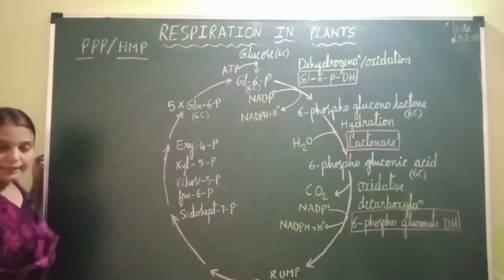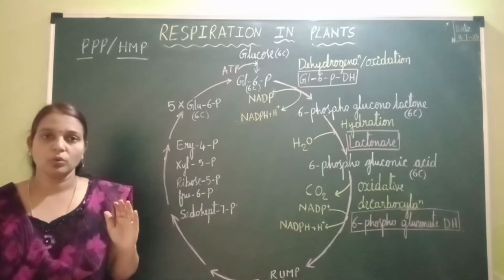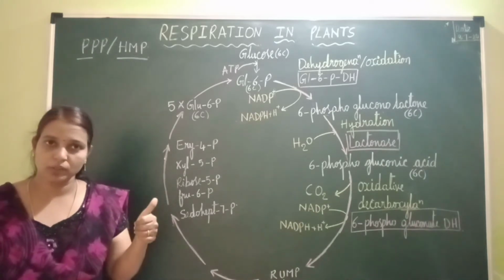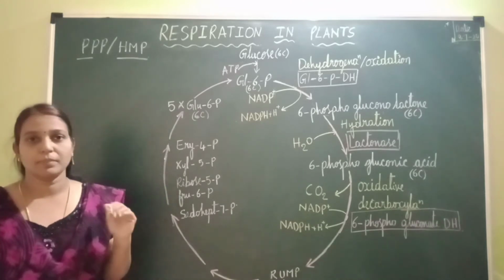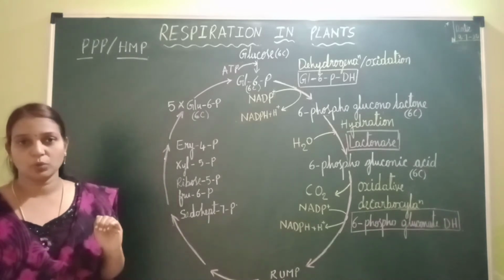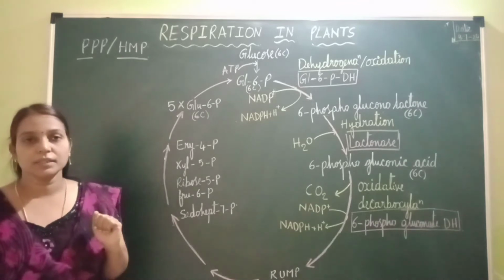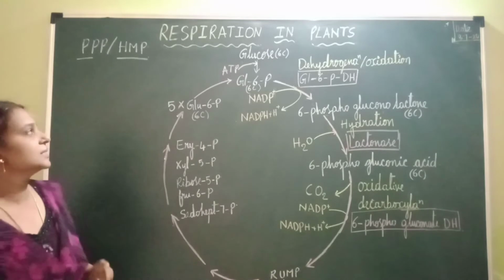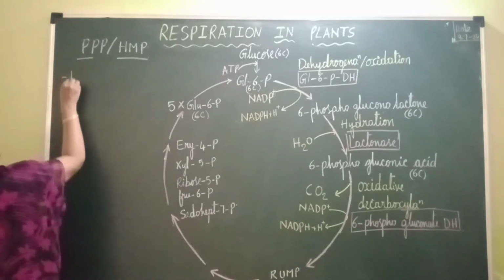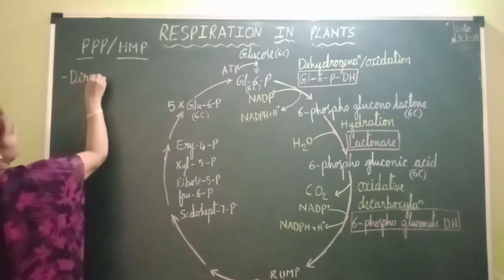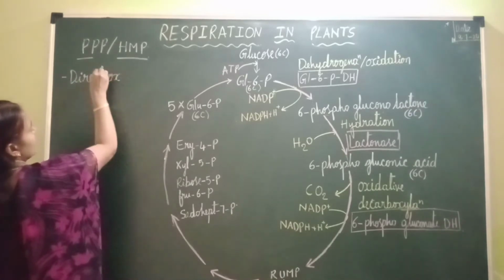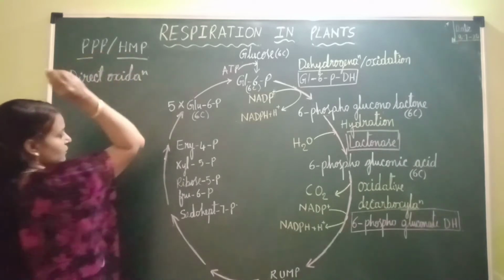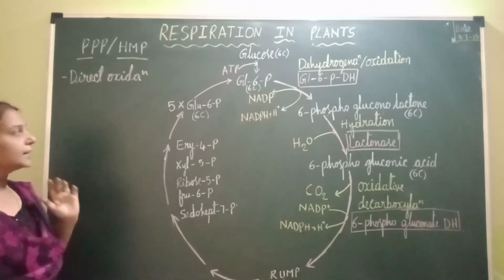Okay. So we studied the breakdown of glucose through aerobic respiration, in which glucose breakdown occurs through glycolysis, link reaction and Krebs cycle. But here direct oxidation of glucose occurs, where there is no glycolysis, link reaction and Krebs cycle, and hence this pathway is also called the direct oxidation pathway, where glucose oxidation occurs directly without involvement of glycolysis, link reaction and Krebs cycle.